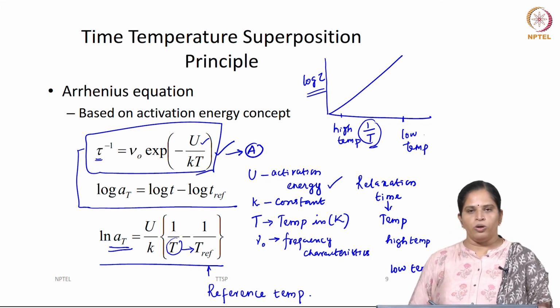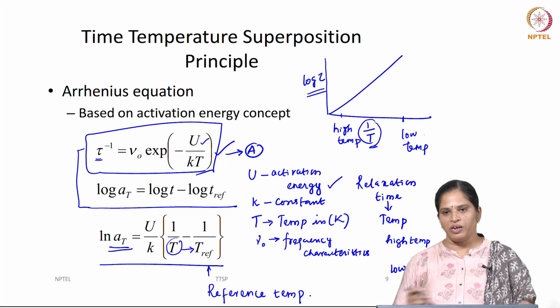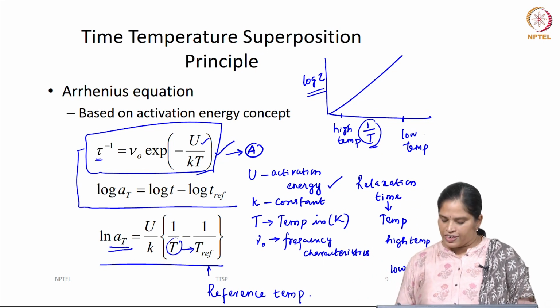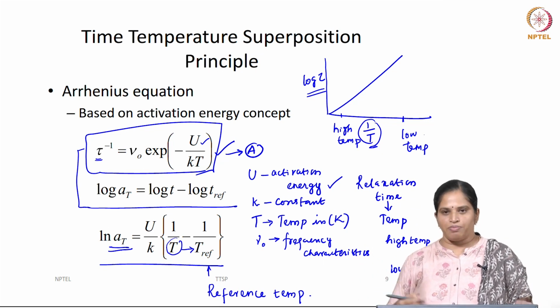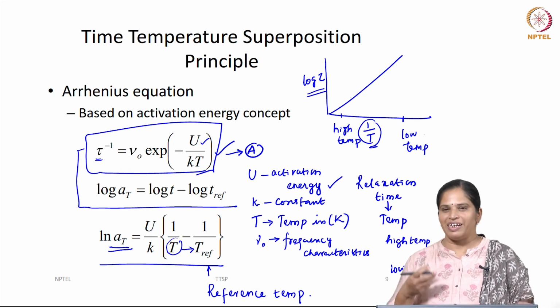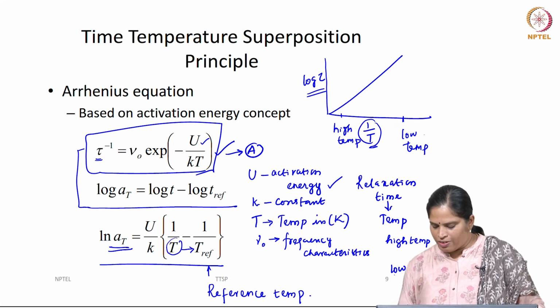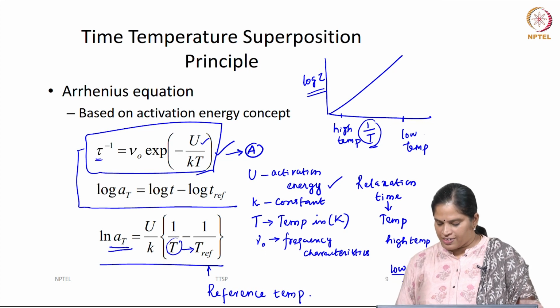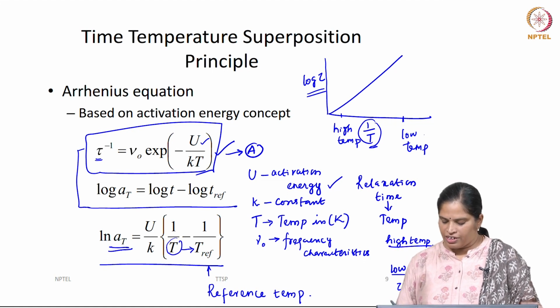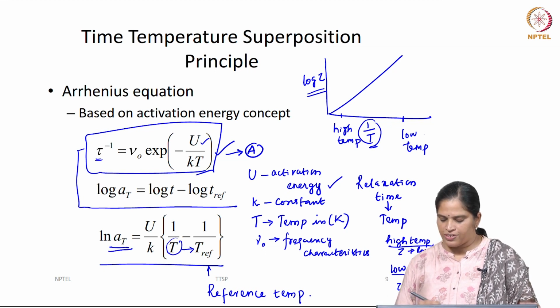At very low temperature, the mobility of the particles ceases and the material behaves more like a solid, like a freezing condition. So at low temperature, the relaxation time will be high. At high temperature, relatively, the relaxation time will become lower.